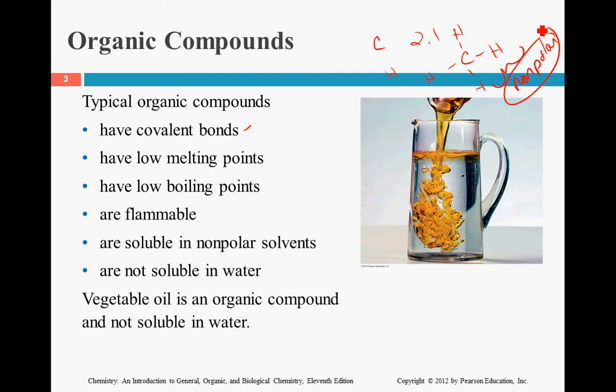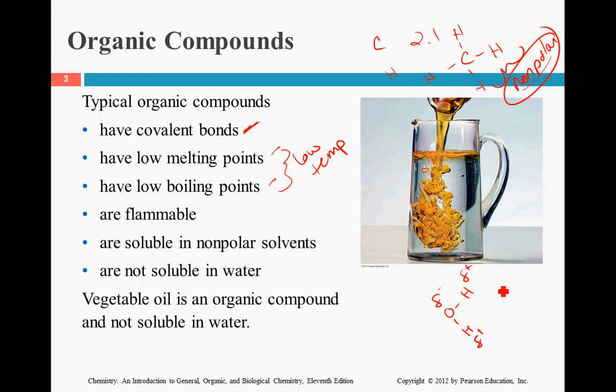That becomes really, really important when it talks about interactions. For instance, covalent bonds, in order for it to be nonpolar, it has to be covalent. Low melting and boiling points, so it melts and boils at low temperatures. The reason why that is related to the nonpolar, because, remember with water, there was a partially negative and a partially positive.